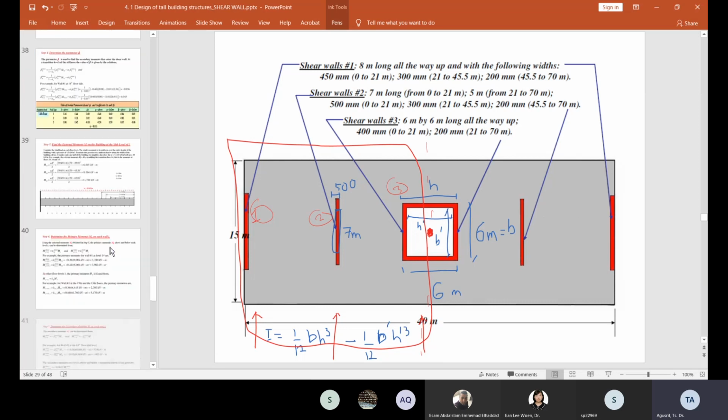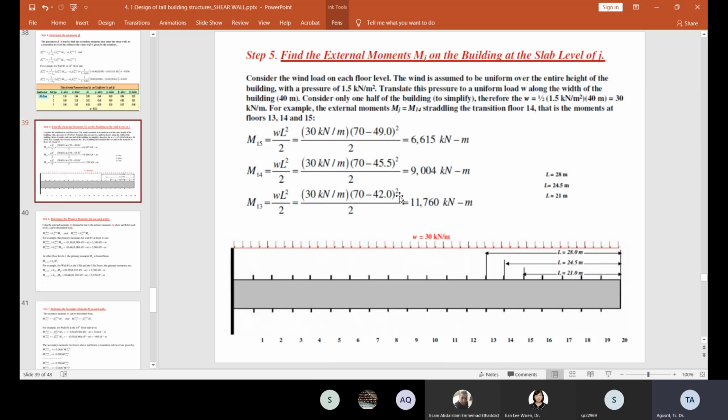So in order to get the external moment acting on the building due to the wind, first we need to transfer the wind pressure to forces, by using this equation.